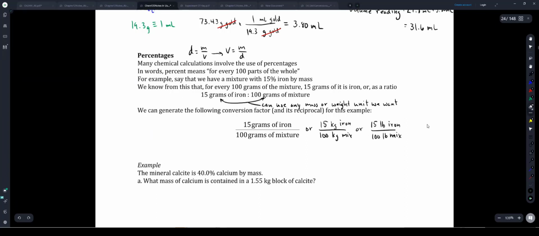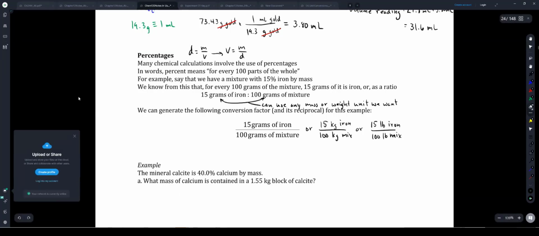So I could have said 15 tons of iron for every 100 tons of mix, 15 milligrams of iron for every 100 milligrams of mix. And so usually we're doing them by mass. When someone doesn't give you a unit, if they're sloppy, you can usually assume they mean by mass. It's comparatively rare to do one of these by volume.